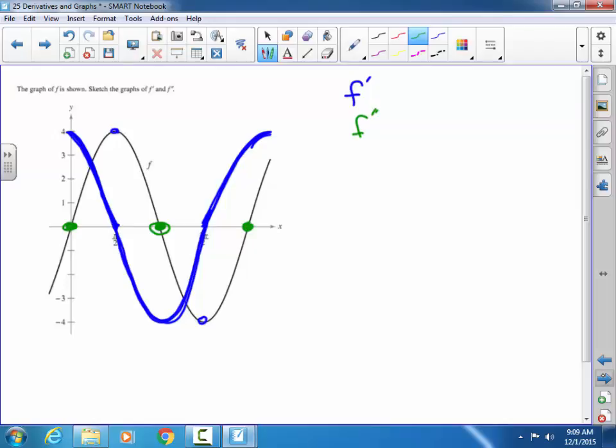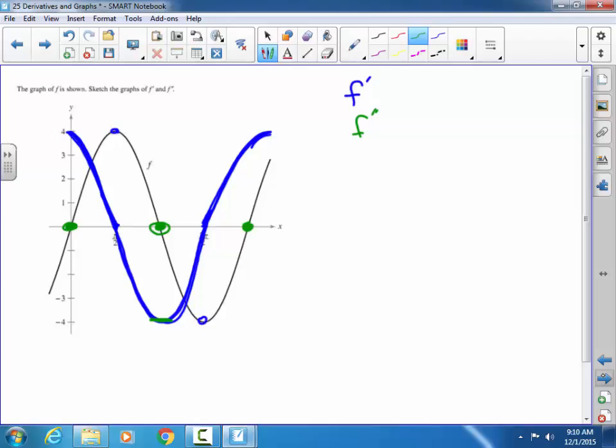Where is the derivative of the blue equal to 0? Well, it's definitely equal to 0 right here. And these two appear to be flattening out so that they are back to 0 there. Again, we're kind of using some intuition because we think this looks like the sine and cosine curve.